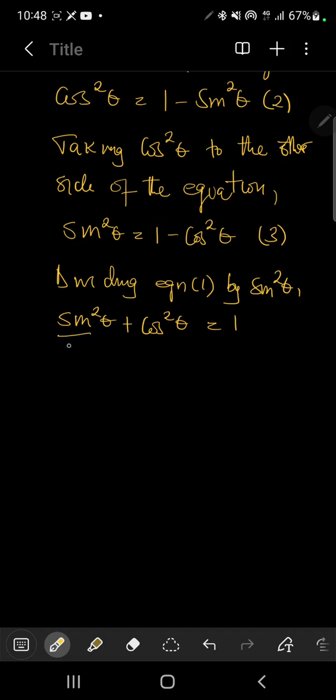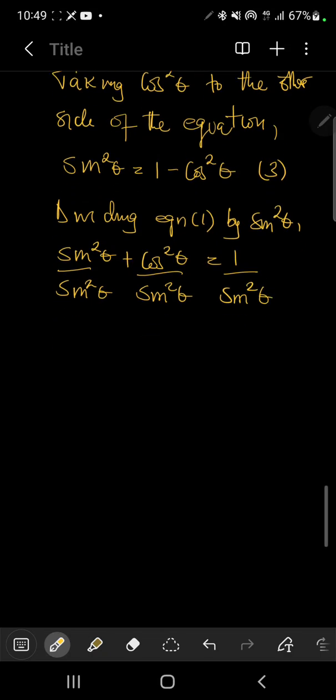If we divide throughout by sine squared theta, we get sine squared theta over sine squared theta, which gives us 1, plus cos squared theta over sine squared theta, which we know is cot squared theta, is equal to 1 over sine squared theta, and 1 over sine, the reciprocal of sine, is cosecant, so cosecant squared theta. So this becomes equation what? Equation 4.